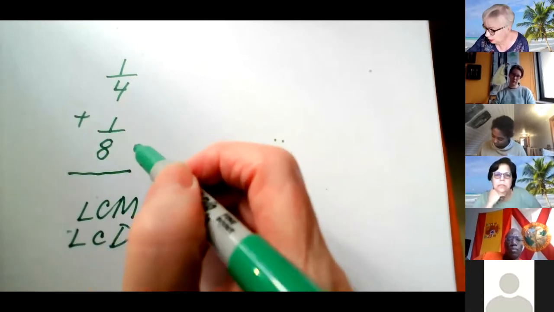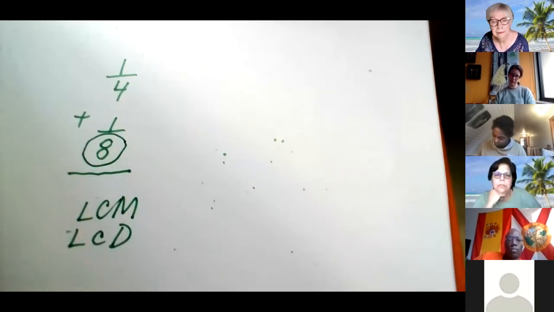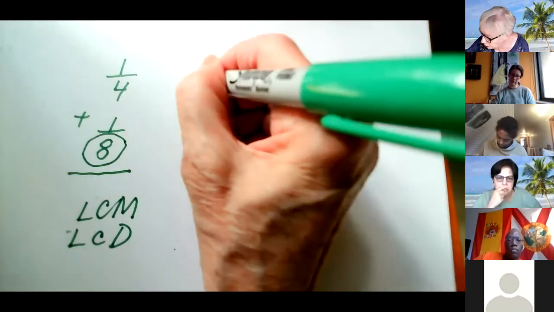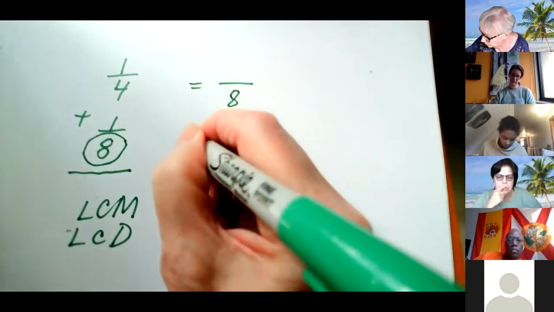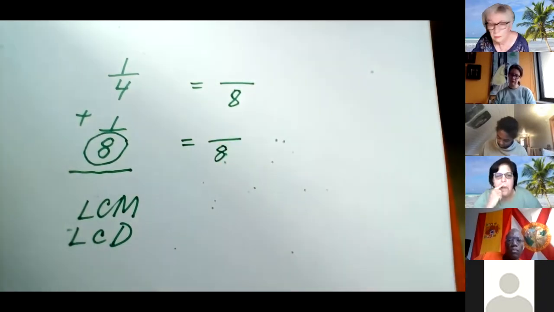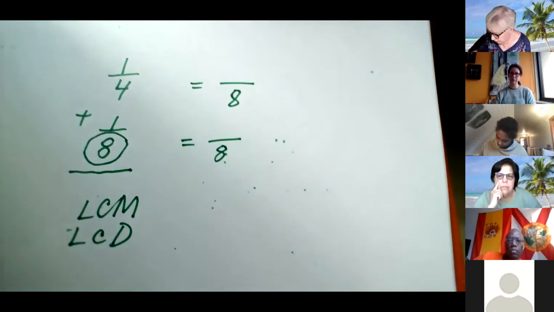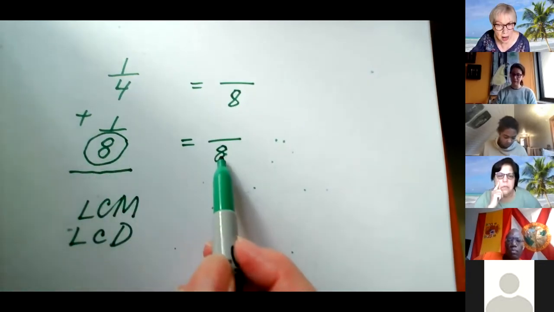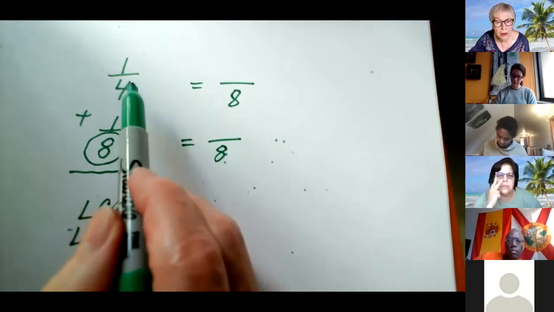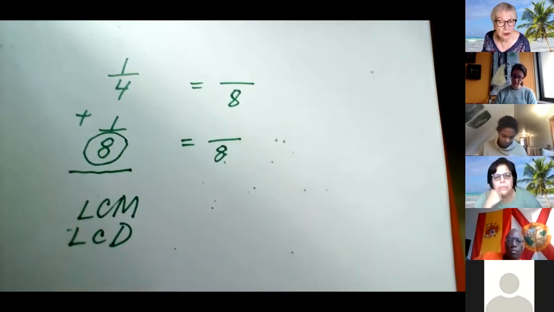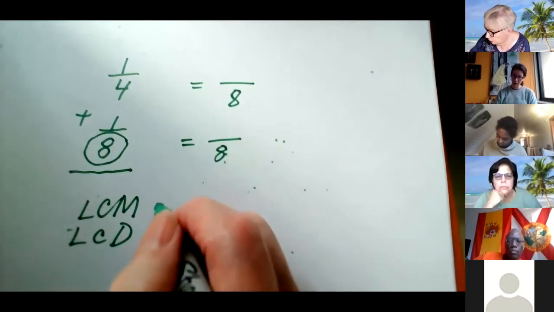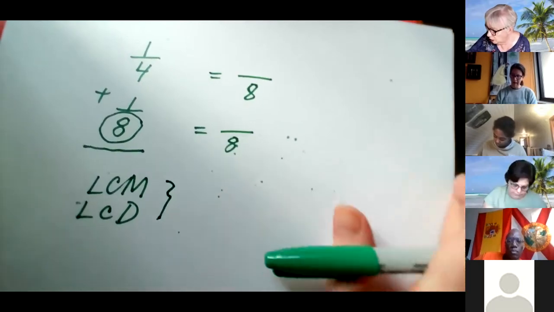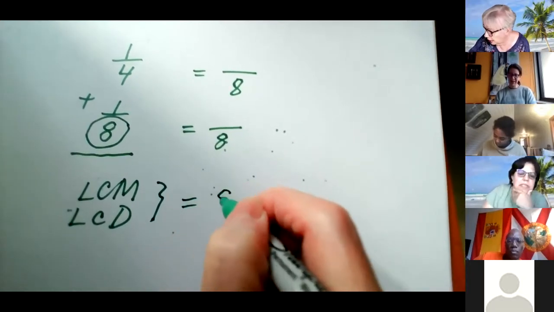My next thing would be, I would go to the larger one. Is that a number that could be used for a common denominator? Is 8 sufficient? Would 8 work? Yes, it would. Well, this one will just copy. And this one, 4, can go into 8 just by multiplying by 2. So the least common multiple, lowest common denominator, would be 8.